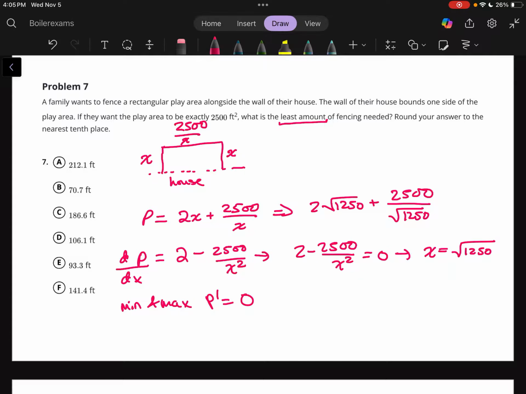Okay, and then we just use a calculator to calculate that. So this expression is equal to 141.4. So the final answer for problem 7 is F.